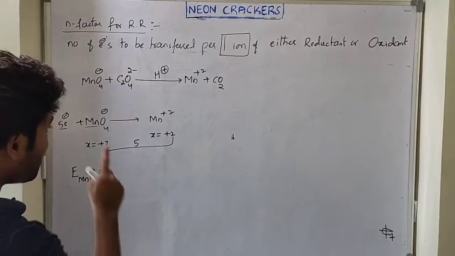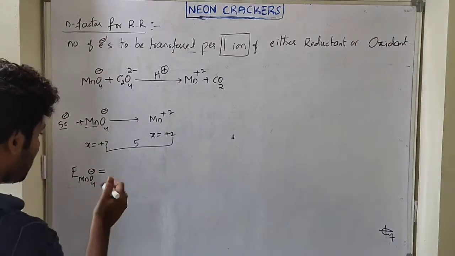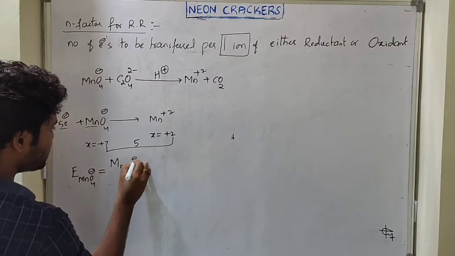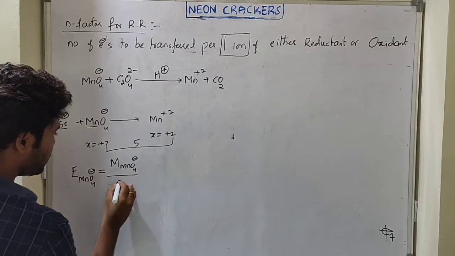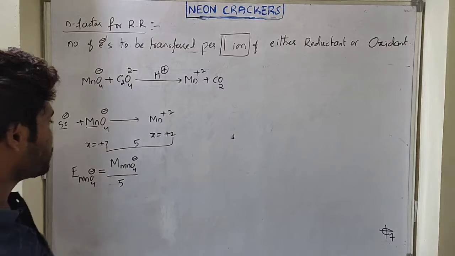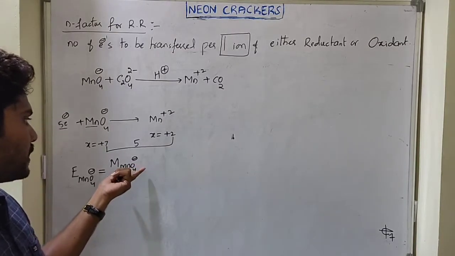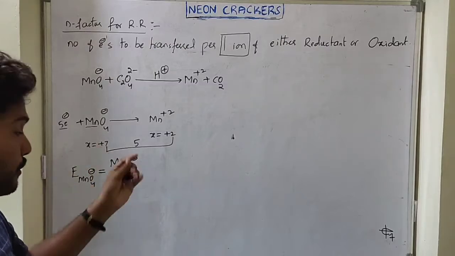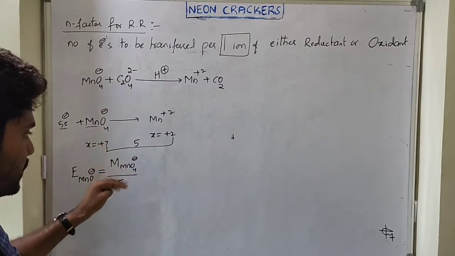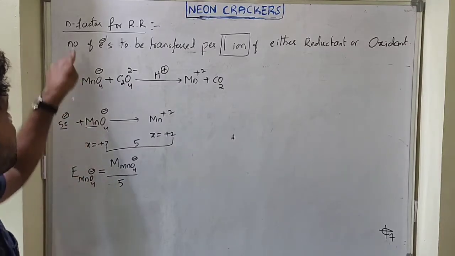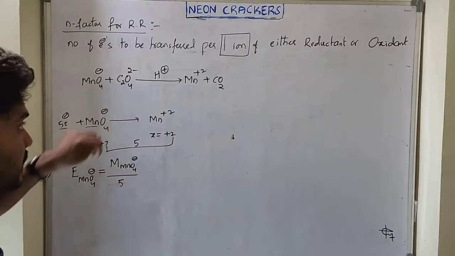So the n factor for MnO4 minus is 5, and you can find the molar mass of MnO4 minus upon 5, and this is the equivalent weight of potassium permanganate. Of course, if it is mentioned in the exam, or else you are going to find the molar mass of MnO4 minus, after that molar mass upon 5. This is the n factor for potassium permanganate for the given equation.